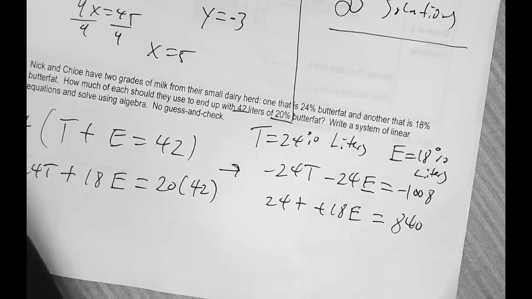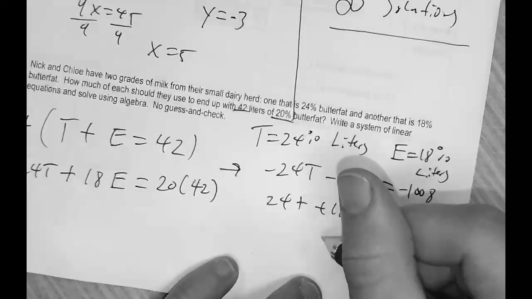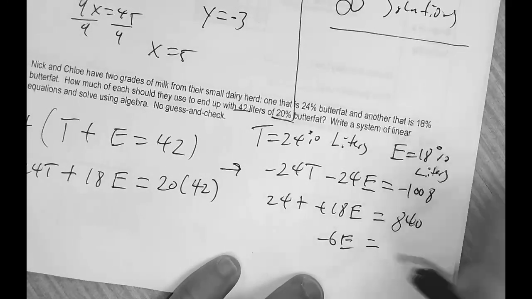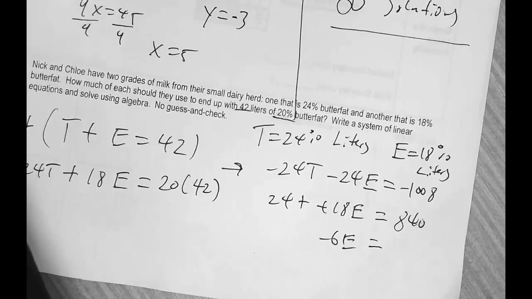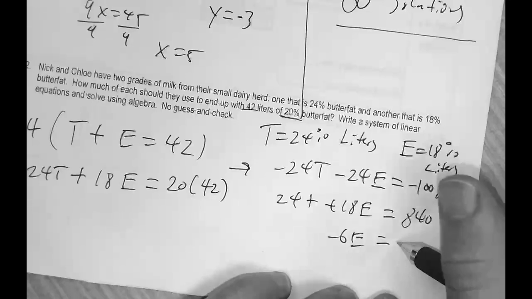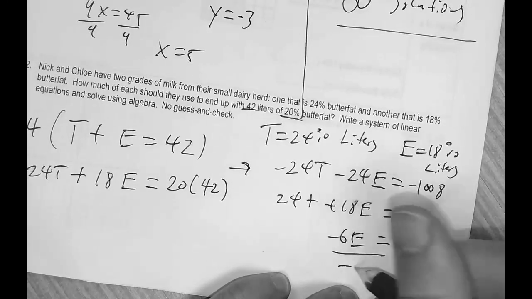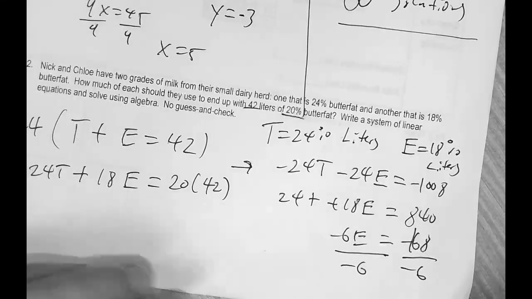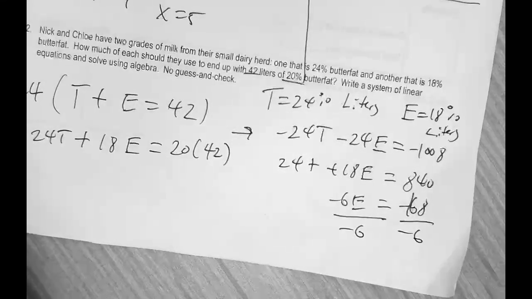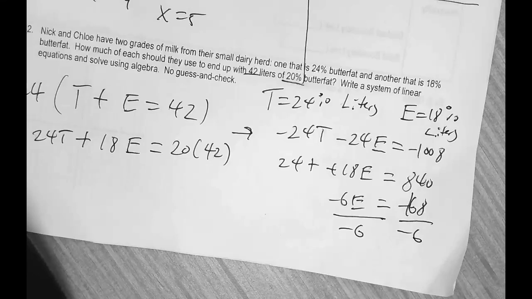So negative 24 and 18, that's negative 6E equals, and then negative 1008 plus 840 is negative 168. We're then going to divide both sides by negative 6, and we will get negative 168 divided by negative 6, 28.